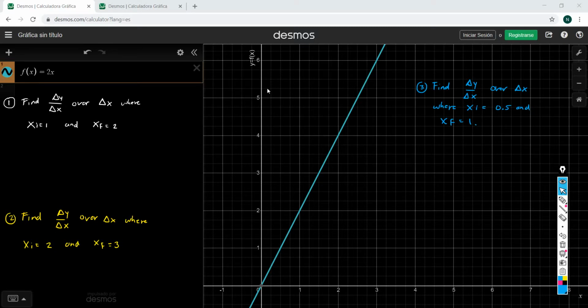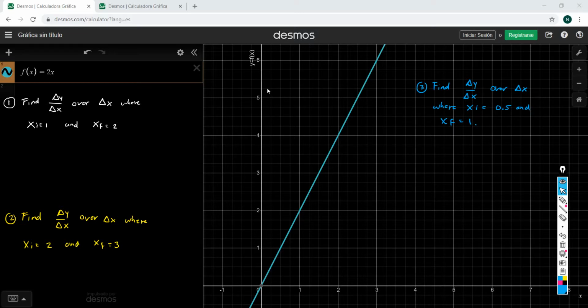Remember that we usually say, or we write this, that the variable y is a function of x, and we talk about them indistinctively, okay? Y and the function f are the same. That's what this means. Y is equal to the function of x. Okay, so the first task is telling me find this, which is the average rate of change.